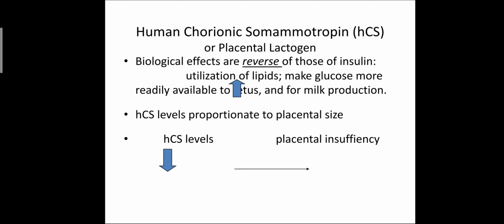Utilization of lipids makes glucose more available to the fetus and for milk production. Human chorionic somatotropin level is proportional to the placental size. If HCS level decreases, it produces placental insufficiency.